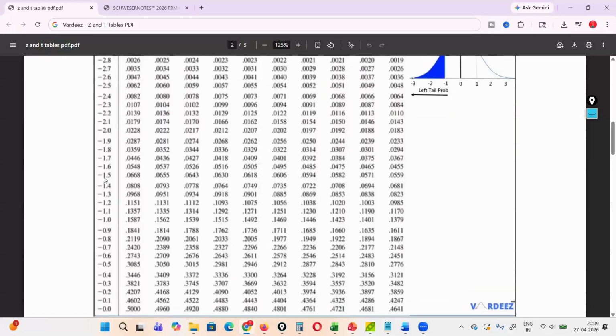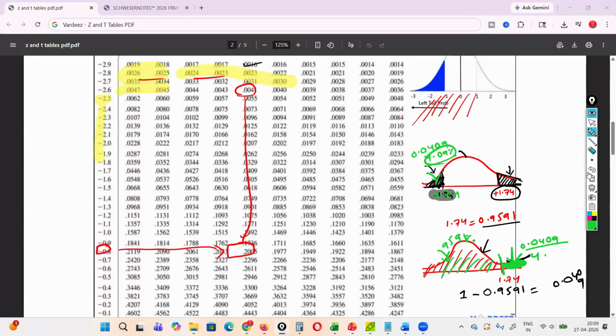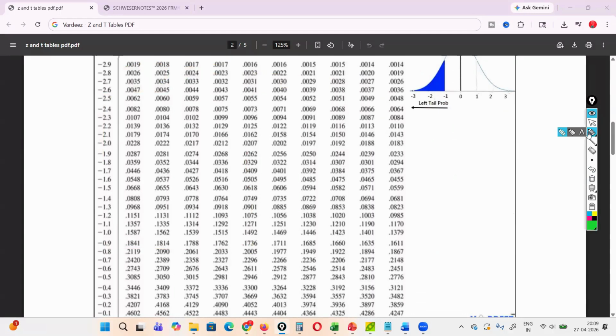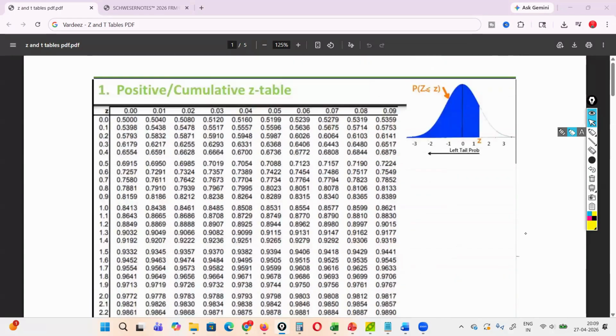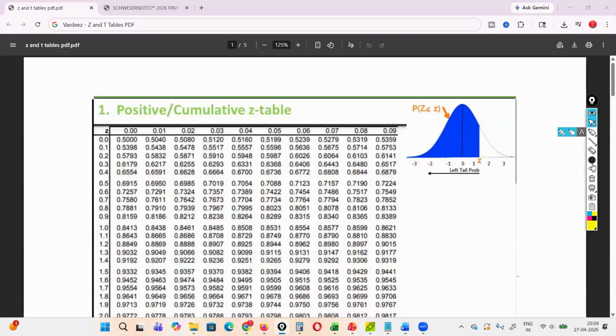And if you look at negative 1.7 and 4, it is coming out to be this, which is the exact value which we just got from a positive Z table. So this is how you can find the negative value.